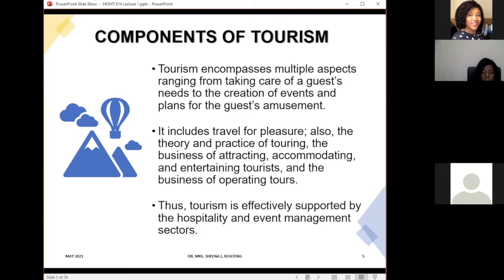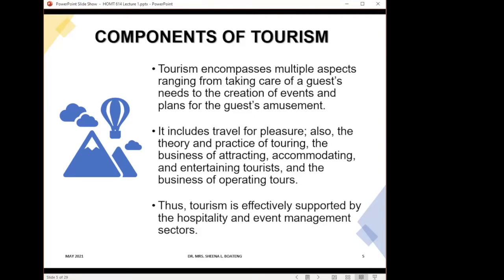It is the interplay between tourism, hospitality, and event management that creates this all-encompassing value that the customer is expecting to get. And the customer in this case being the tourist. So generally, these are the basic components of tourism, which you need to consider when you are strategizing as a manager of an institution in the sector.